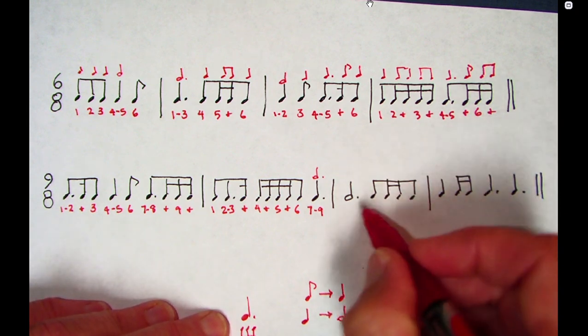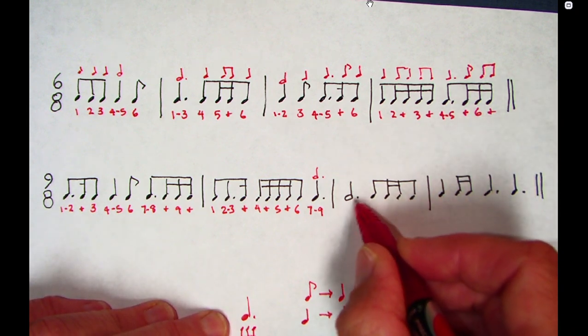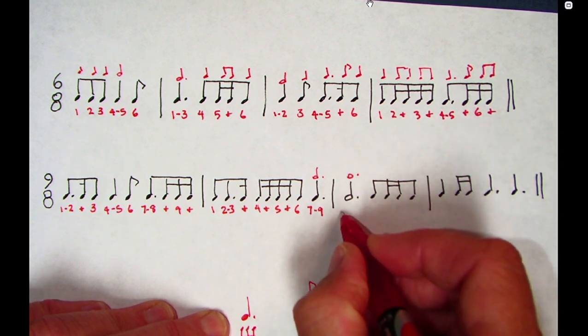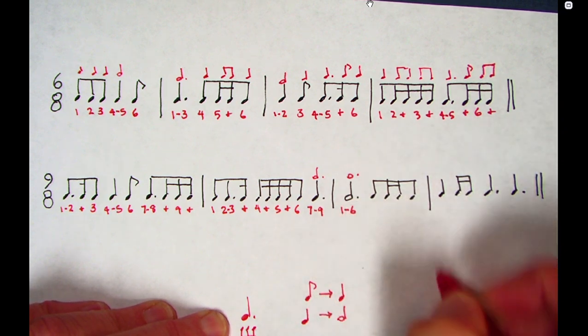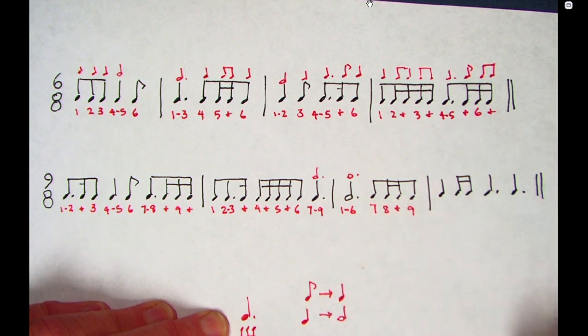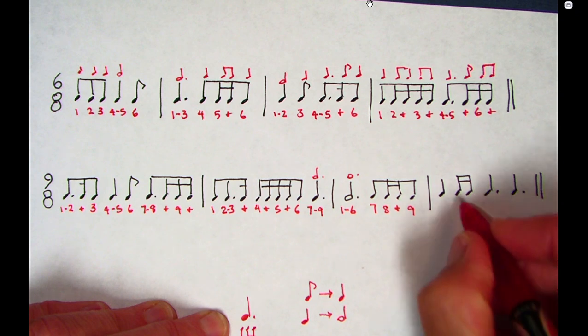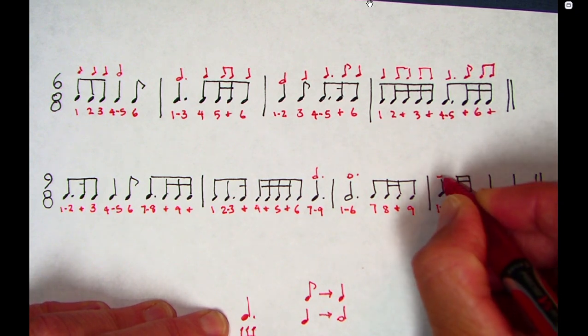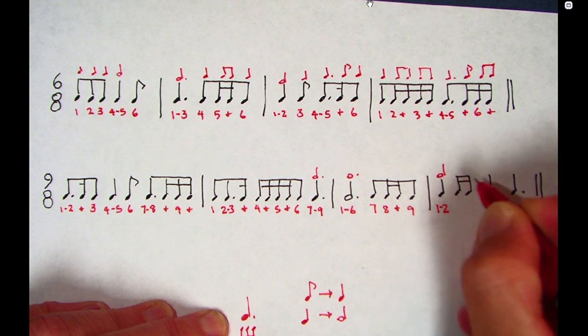This is a long note in this meter. That is 3 beats here, but if I double that, it's a dotted whole, which would be actually 6 counts. Then there's 7, 8, and 9. And there's 1 through 2, because again, that would double in value, so it'd be like a half note.